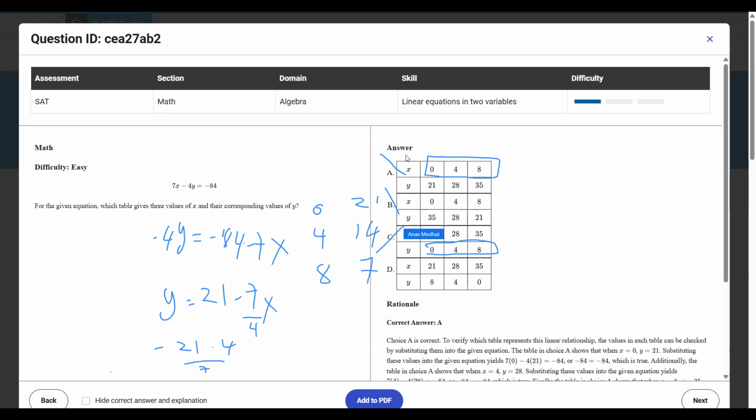So the answer should be, no wait, is something wrong? No, this will be plus 7, not minus 7. So it will be 21, 28, and 35. Sorry. So the answer is A.